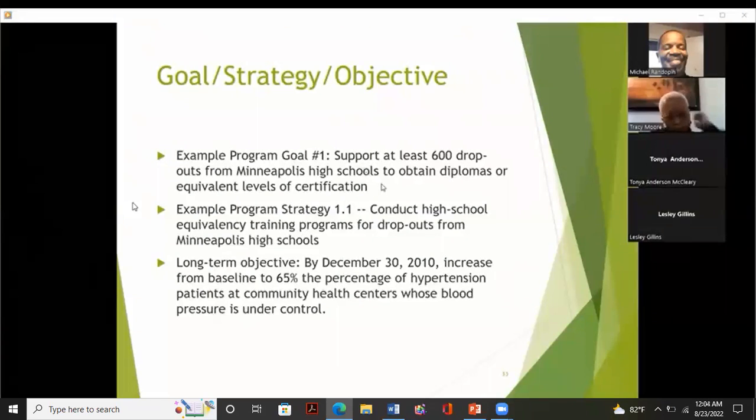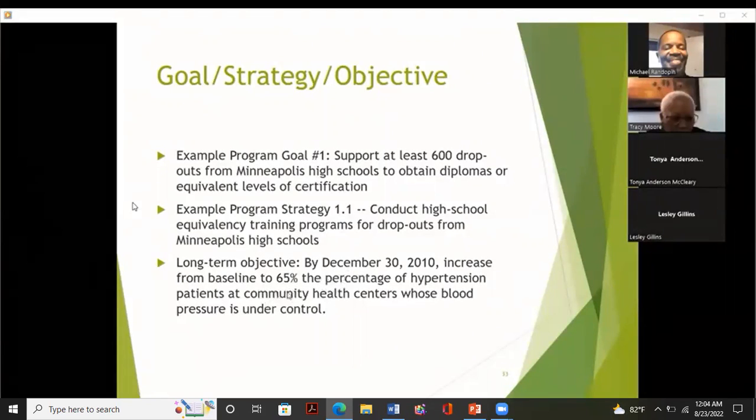Notice that goal is specific as to how many, what they want to do, and where they want to do it. Let's look at a program strategy. That strategy, what is that plan of action? Well, that strategy is to conduct a high school equivalency training program for dropouts. That's the strategy for people that have dropped out in Minnesota.